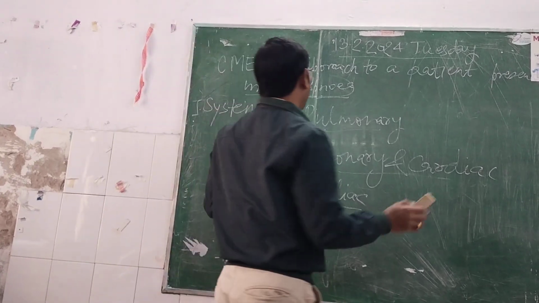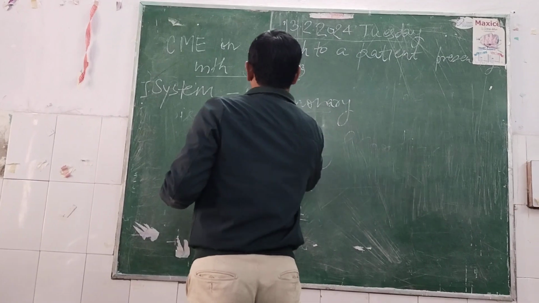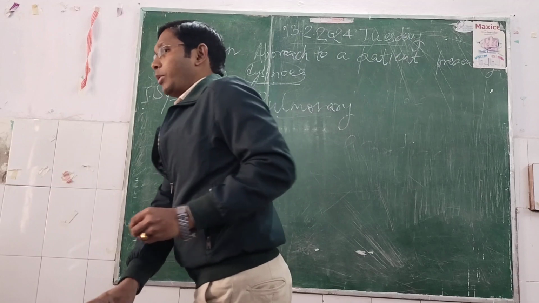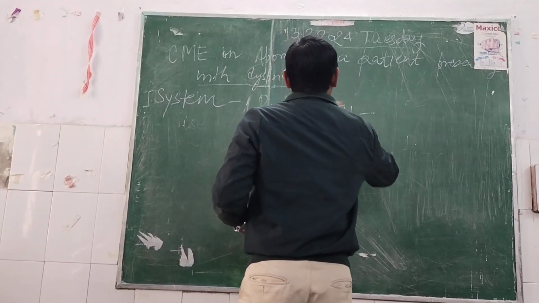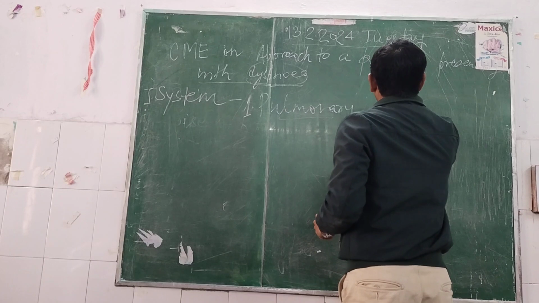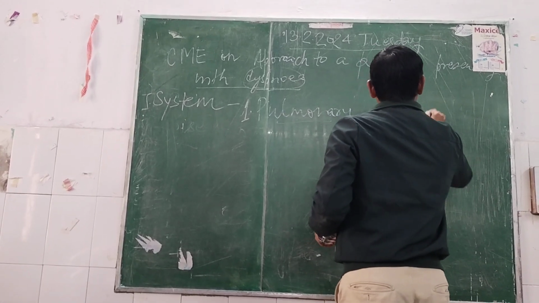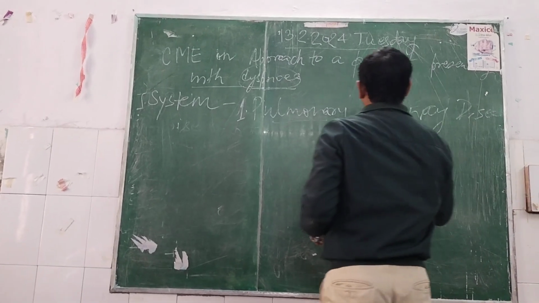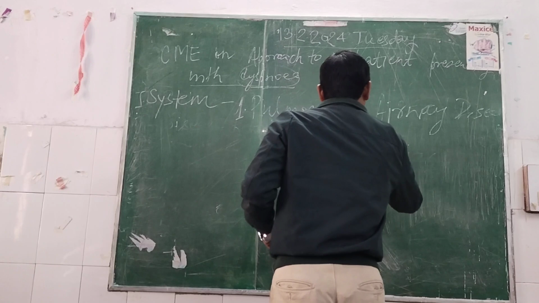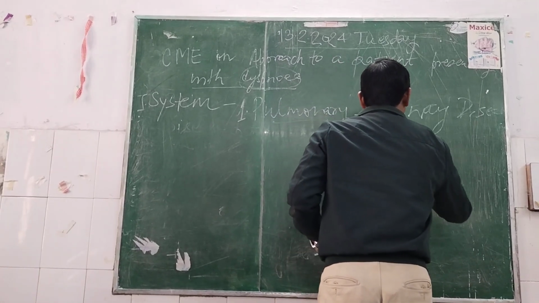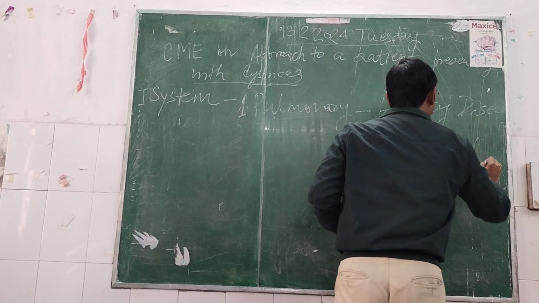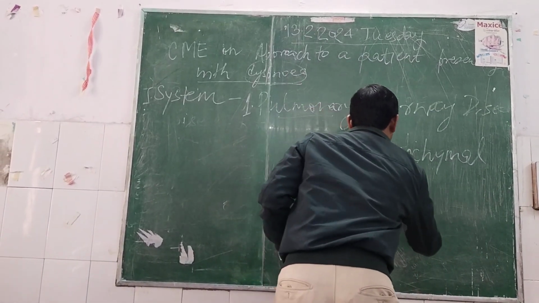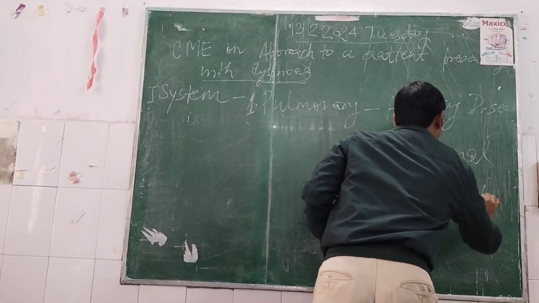Now the disease process. Coming to it one by one, what will be the disease processes in case of pulmonary? In pulmonary, number 1 will be airway disease, number 2 will be parenchymal disease, and number 3 will be chest wall disease.